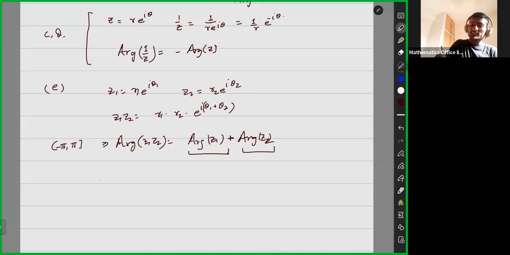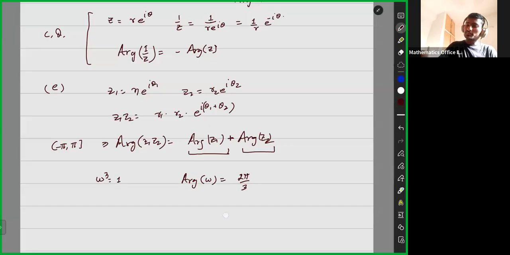For example, let's say omega cubed is equal to 1 and we are taking omega. Then argument of omega is 2 pi by 3, plus or minus, we can take anyway. Let's say 2 pi by 3. So z1 and z2 both, let's say, equal to omega.